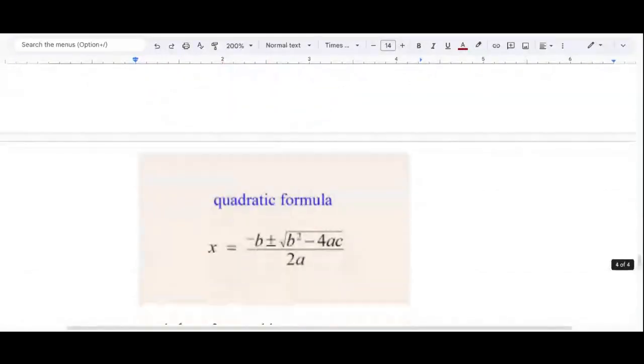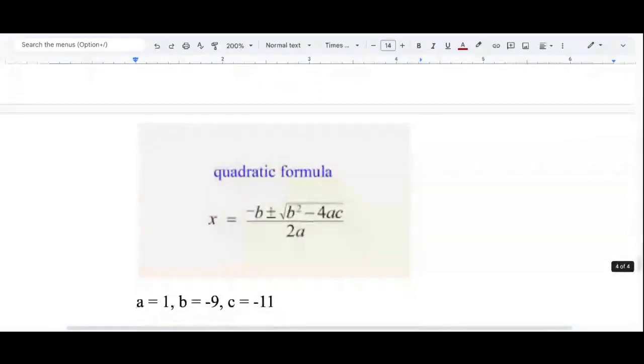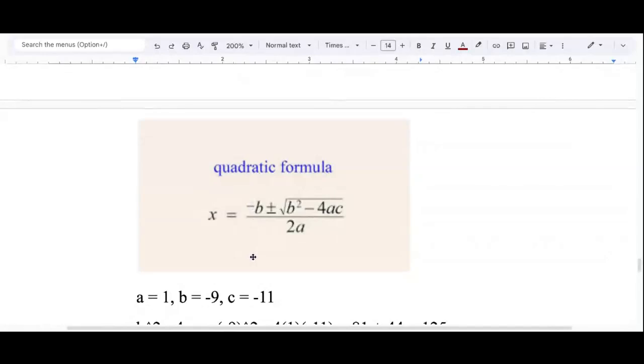Now this is not factorable. So what do we do? This is not factorable because 11 is a prime number. The only two factors it has is 1 and 11. But the difference between 11 and 1 is 10. If this number was 10, we could make this into a factor form, but it's 9. We cannot. So we use quadratic formula.